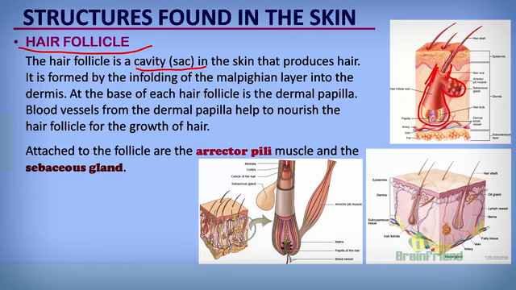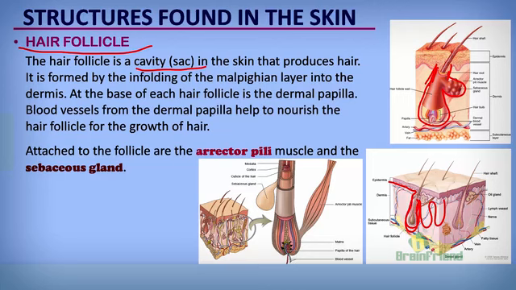The hair follicle is formed by the infolding of the malpighian layer of the epidermis into the dermis. Remember we said the malpighian layer has infoldings that penetrate deep into the dermis. So these infoldings of the epidermis into the dermis give us the sac, or the hair follicle.